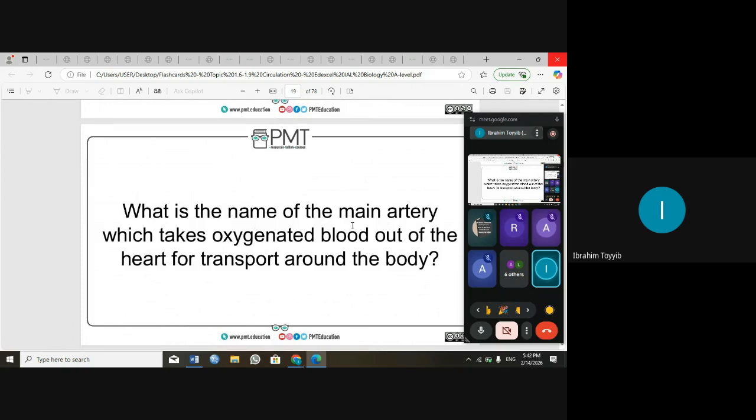What is the name of the main artery which takes oxygenated blood out of the heart for transport around the body? Look at this question very well and answer it. Raise up your hand to answer. Even with oxygenated blood, you can use only that one to remember the type of artery.